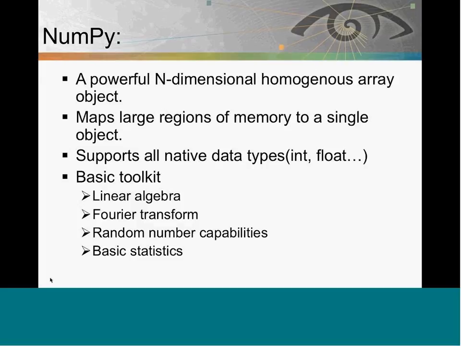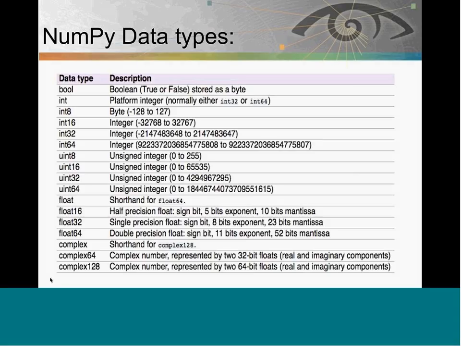You just construct that object, and NumPy is going to deal with the data type conversions or the structure conversion for you. The different data types which NumPy supports are Boolean, integer, 32 and 64 bits. It also supports float and complex numbers.